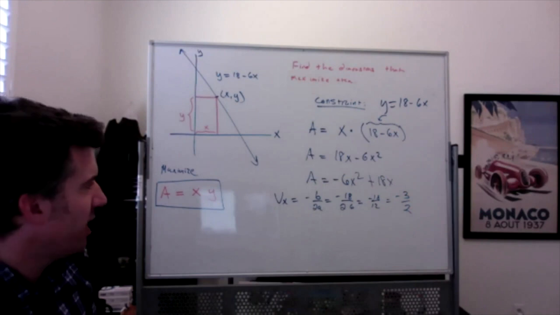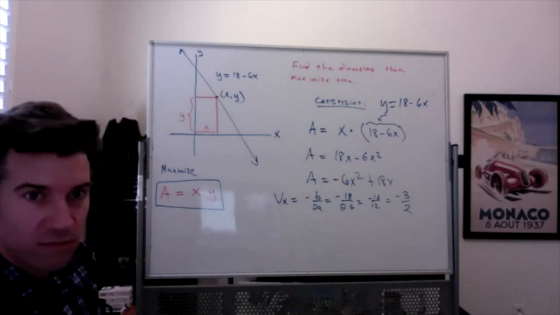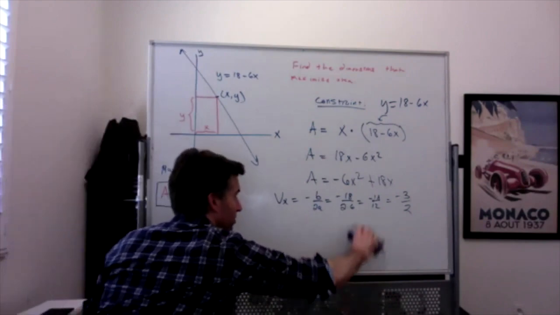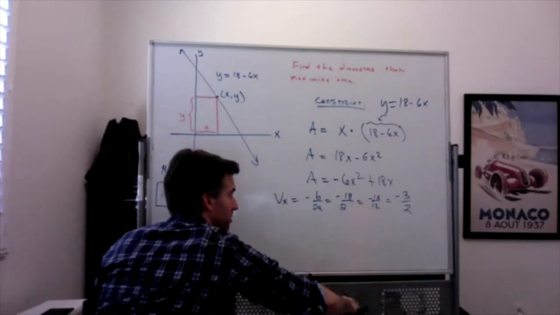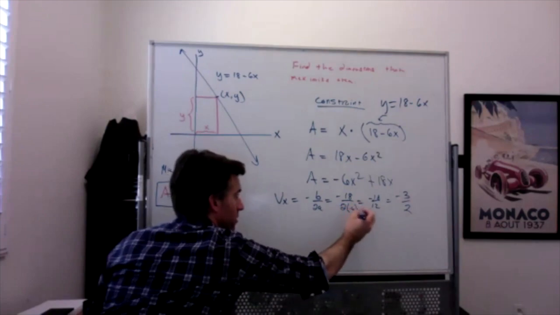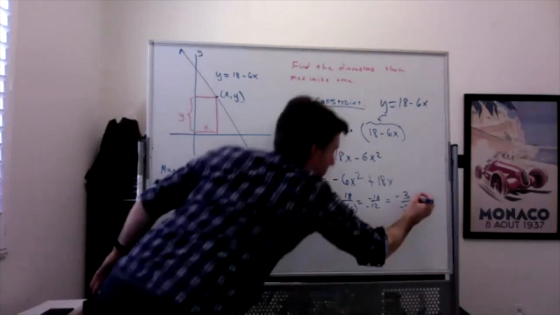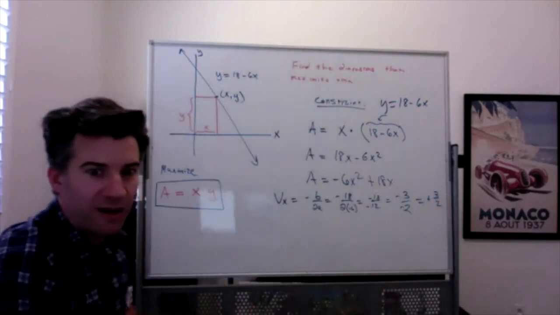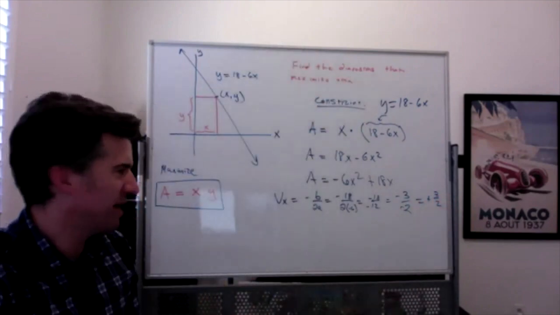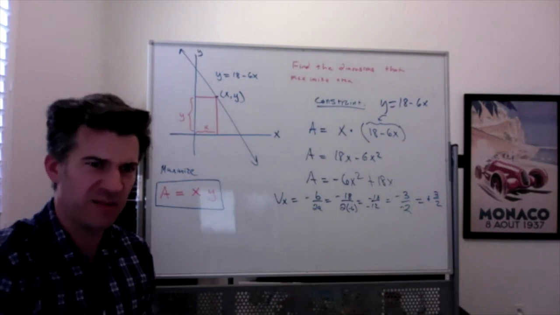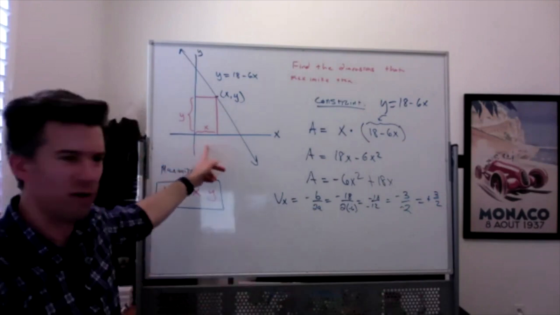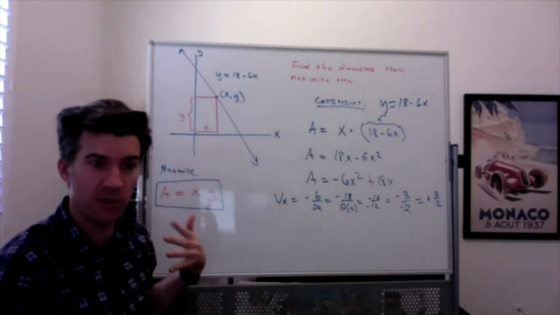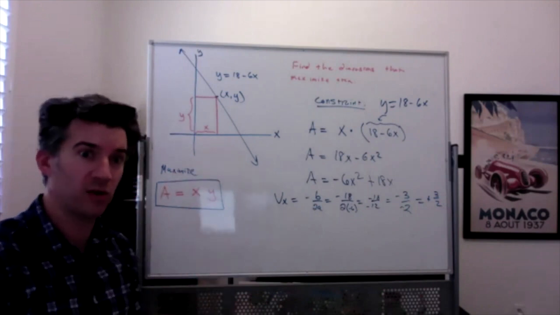I got negative 3/2. Oh yeah, I forgot a negative. It should be negative 18 over 2 times negative 6. And the way I knew I made a mistake was my answer didn't really make sense, right? For x to be negative would be kind of bizarre if I'm over here in this positive first quadrant here. So it's good to kind of think about if what you're getting corresponds to what you're drawing.